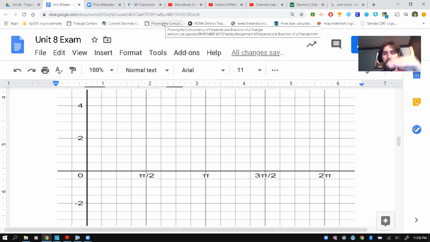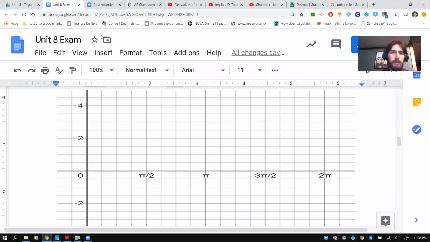If you think at 0 degrees on your unit circle, here's the unit circle, right? At 0 degrees, we start at the point (1, 0). So x is at the highest it can be, 1, and then it goes to 0, goes to -1, goes to 0, back to 1.